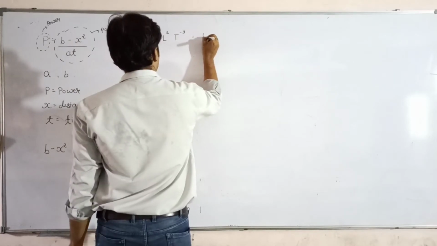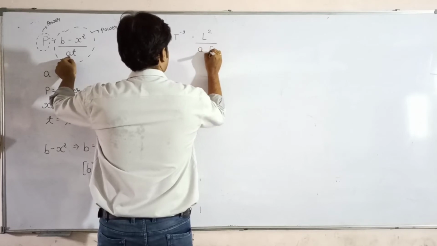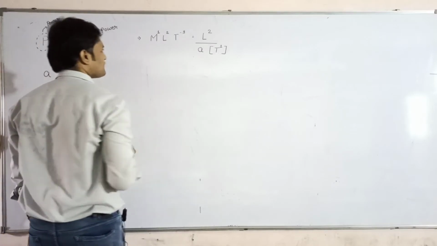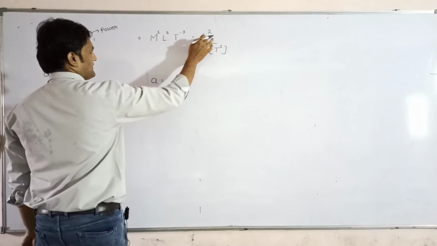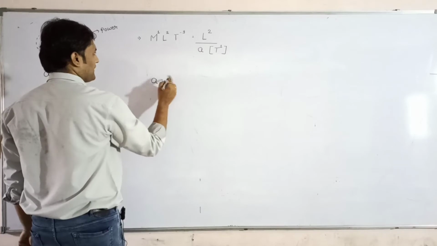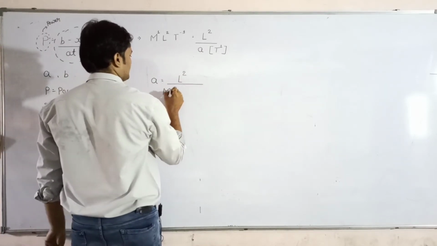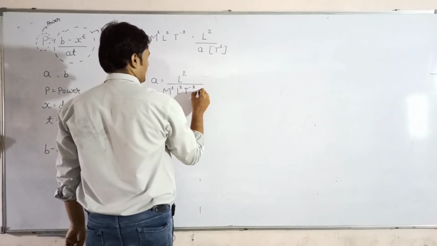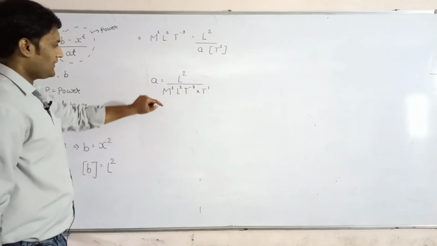B is equal to L2, and here A into t, t is equal to T1. Now multiply on both sides. A is equal to, and this is just simple, A in the denominator we take to the numerator. So that is L2 over M1 L2 T minus 3 into T1. Now only calculation work.